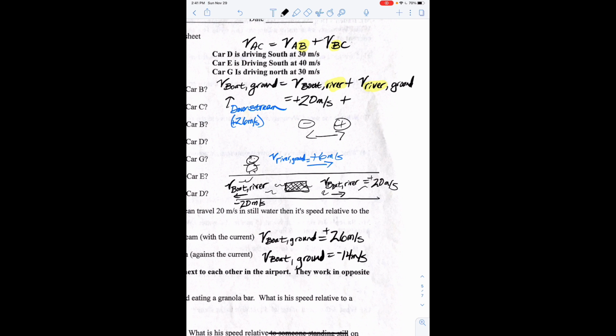Well, if you're on the ground watching this river go past, we are seeing something along the lines of this being positive 6 meters per second. So 20 plus 6 is just going to be positive 26 meters per second.